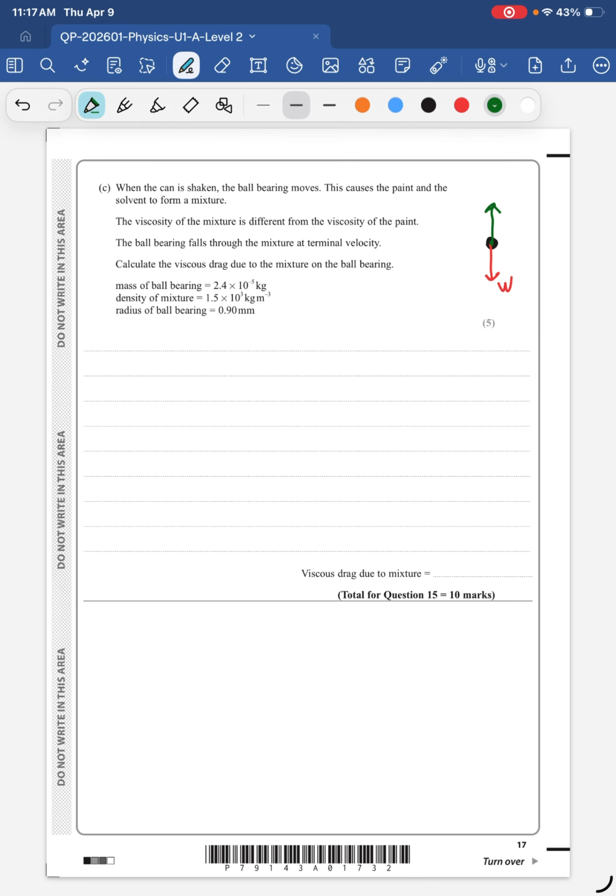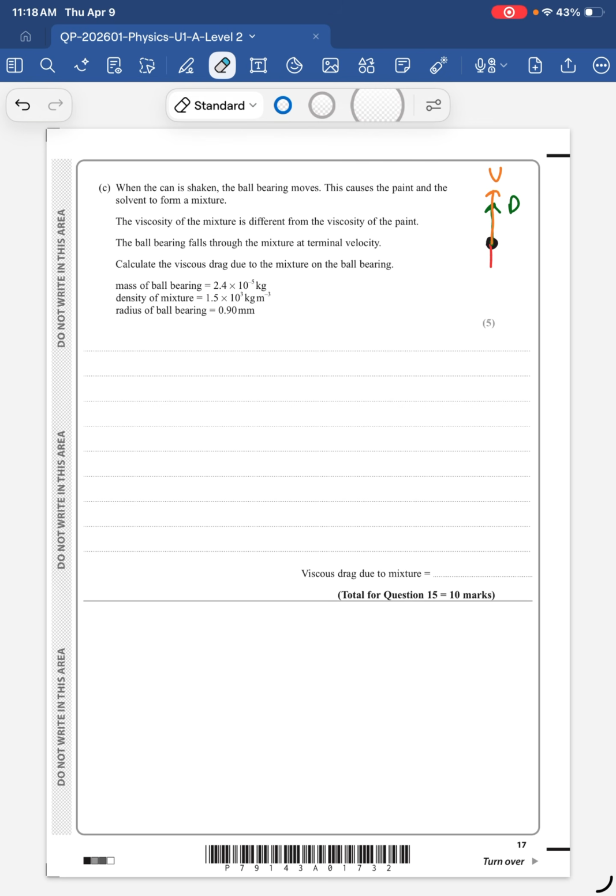The drag, D, and then we also have the upthrust. The upthrust and the drag force should be approximately equal. So let's make this vector for the weight a little bit longer. This force is balanced to have terminal velocity.